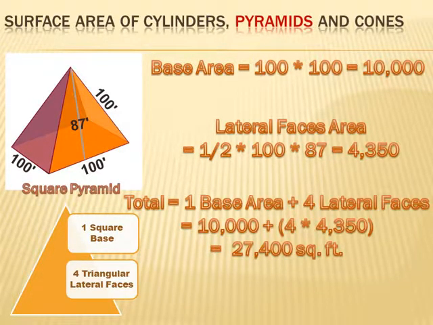So the total area, or the surface area of the pyramid, would be the area of the base, and there's only one base, plus 4 times the area of each of the lateral faces, or 10,000 plus 4 times 4,350, or 27,400 square feet.